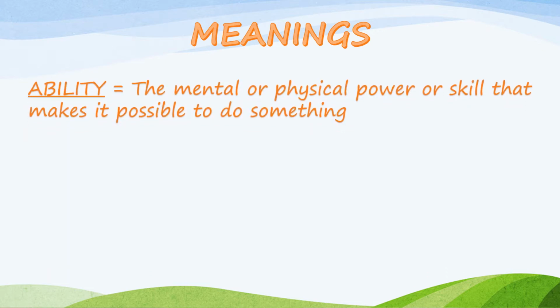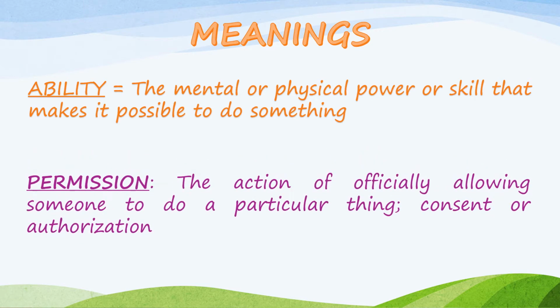Based on the modal verbs, the subject or a person can express the following things. Here are the meanings for the things. Ability, the mental or a physical power or skill that makes it possible to do something. Permission, the action of officially allowing someone to do a particular thing. Consent or authorization.